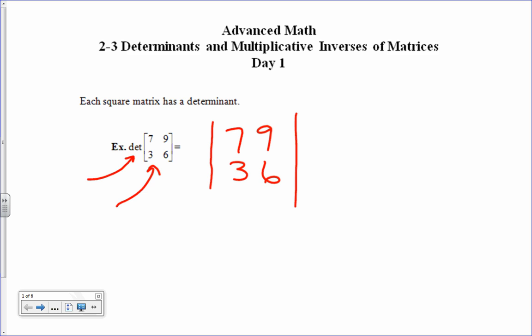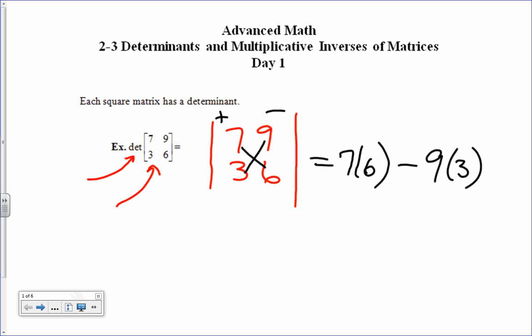To find the determinant of a 2 by 2 is actually quite simple. What you do is I kind of call this the positive diagonal. You take the 7 times the 6. So I kind of consider that the positive diagonal, and maybe I'll write it out for you. And then this I would consider the negative diagonal going the other way, which is 9 times 3.